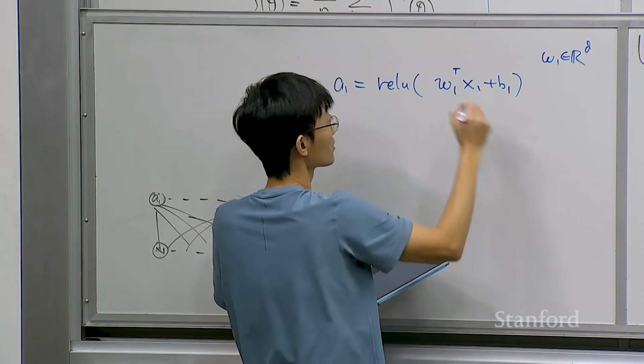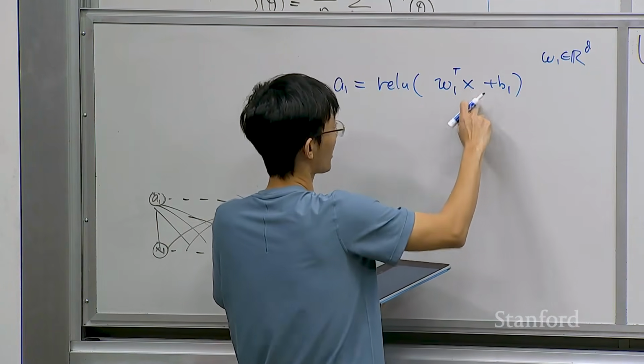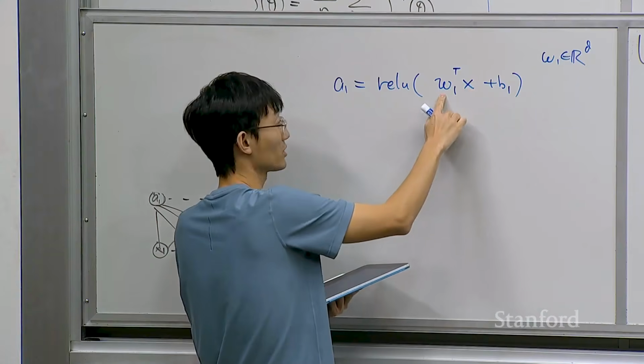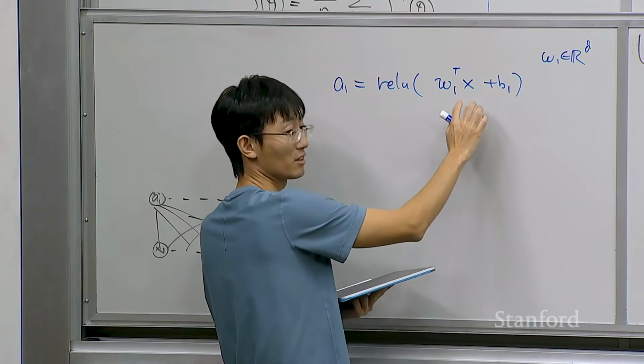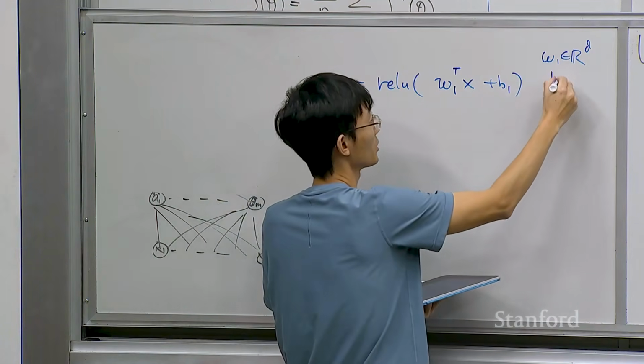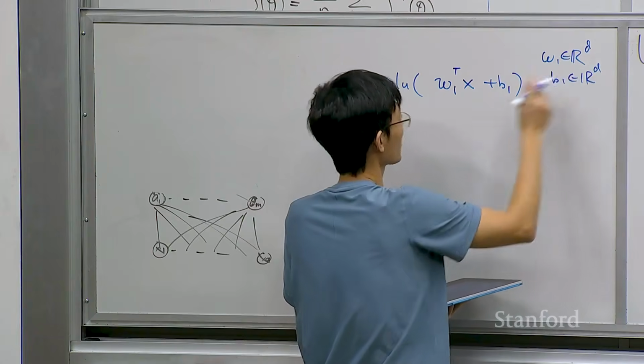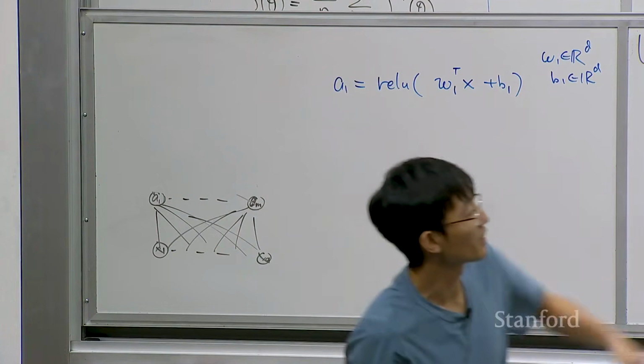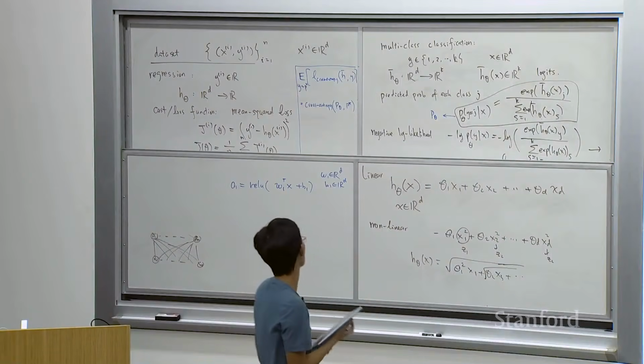And x is a d-dimensional vector, w1 is a vector. So the inner product gives you a scalar, and you add a scalar b1 here. That's how you get a1, which is what I wrote there.